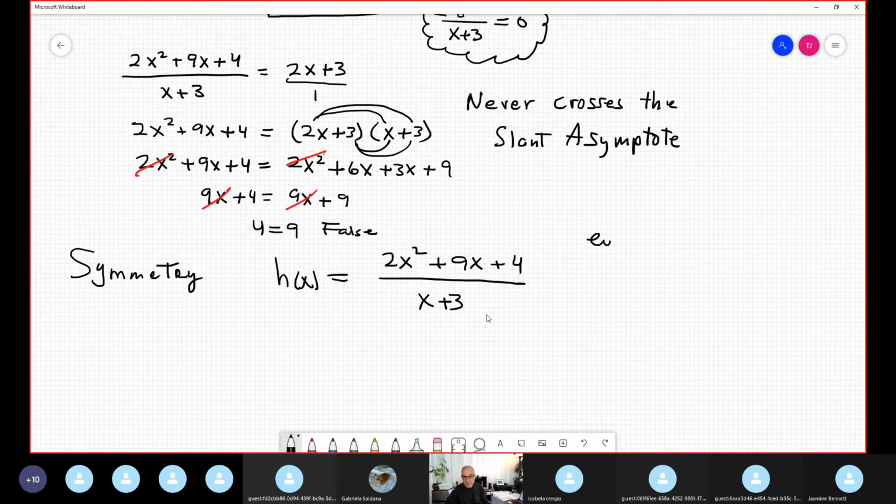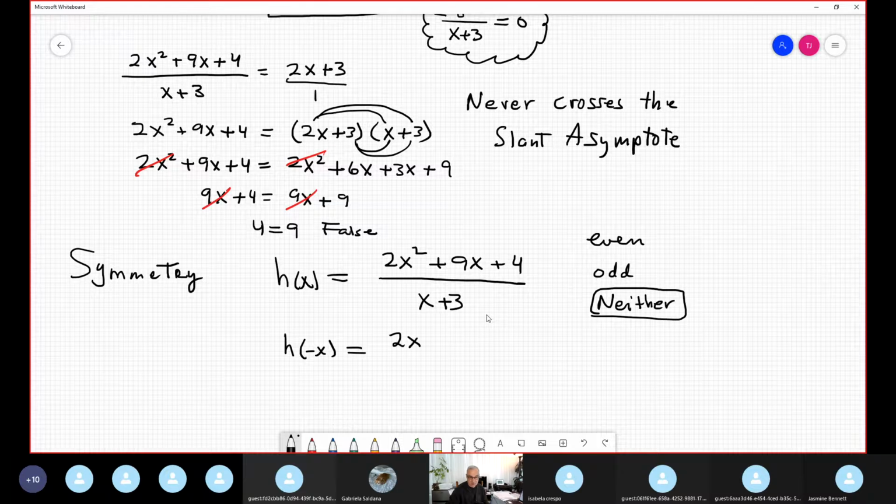Even or odd or neither? What do you think? Classify my symmetry. I think it's neither. Absolutely, since the negative sign would be. The reason is when you make a reflection mentally, this stays the same, this changes, this stays the same, and this is unchanged.